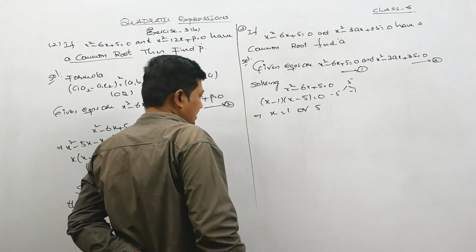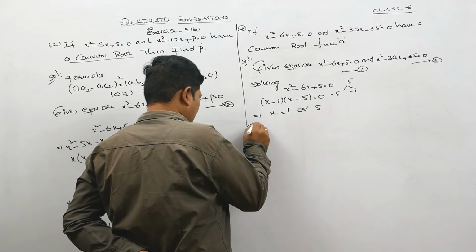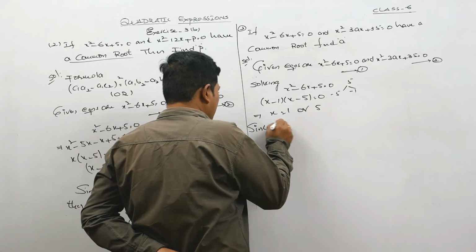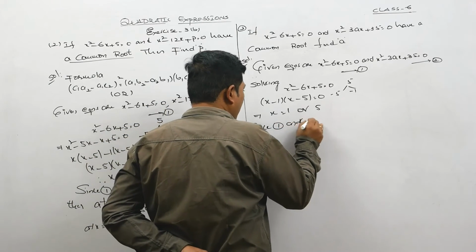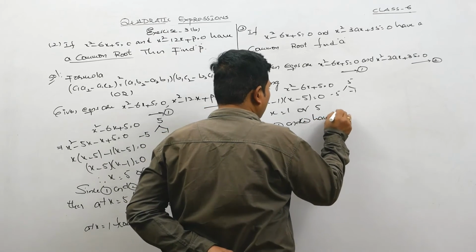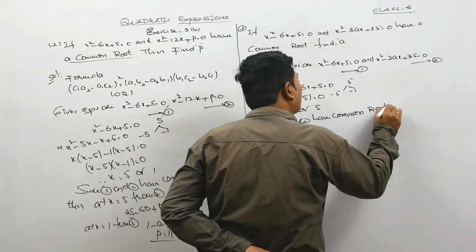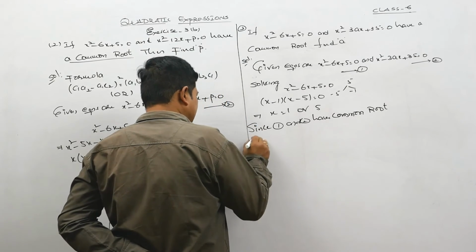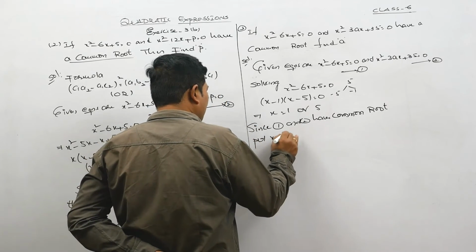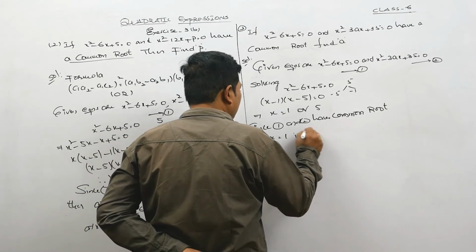Now using the condition, since 1 and 2 have common root, put x is equal to 1 in equation 2.